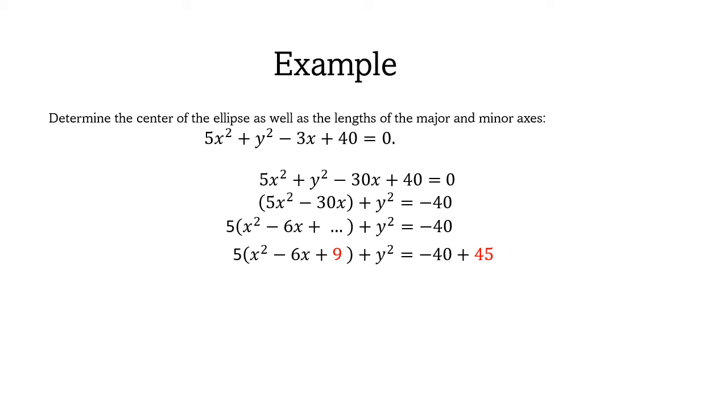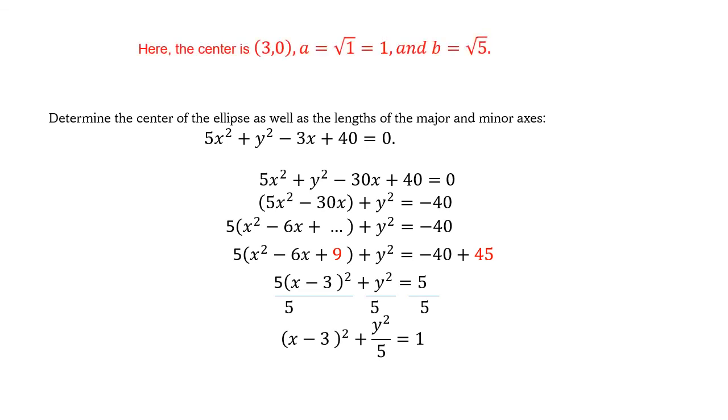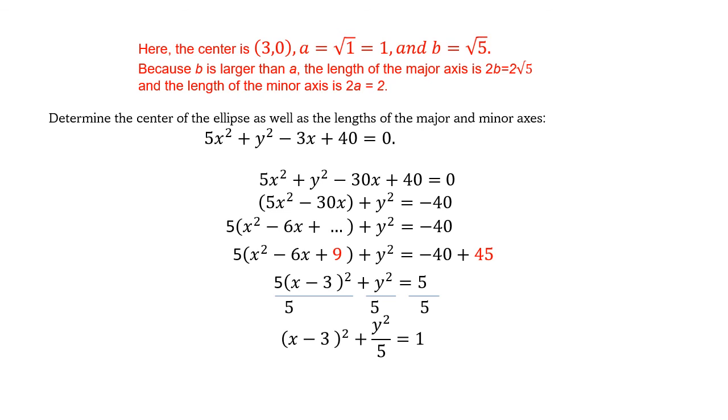So we're using the method of completing the square. After using that method, now we can pull the coordinates of the center and the length of the major axis and the length of the minor axis.